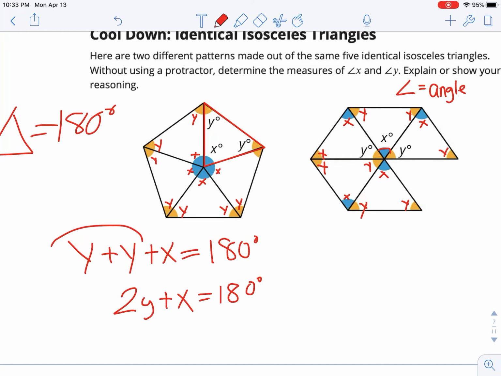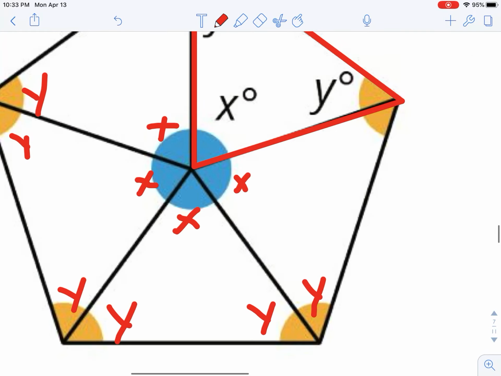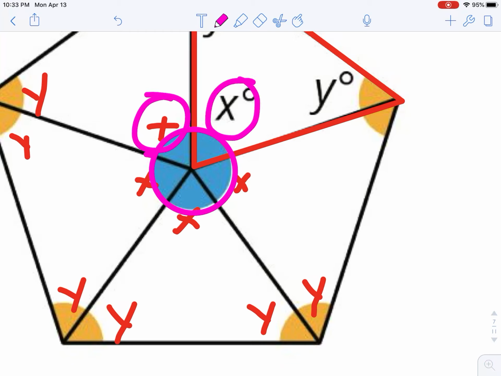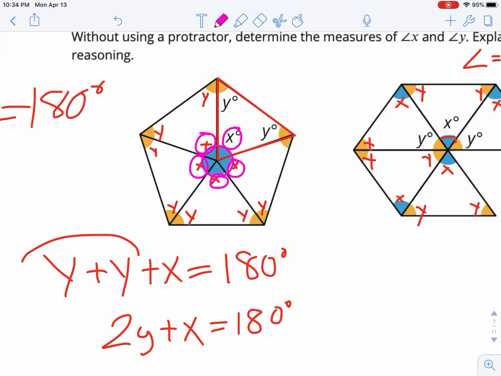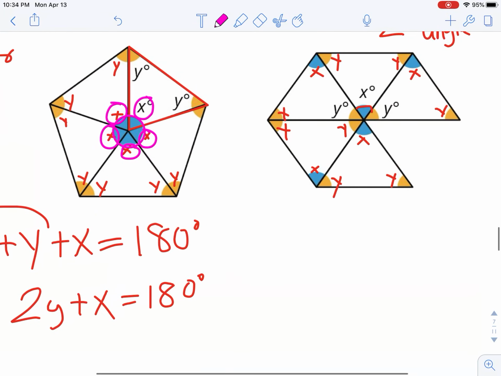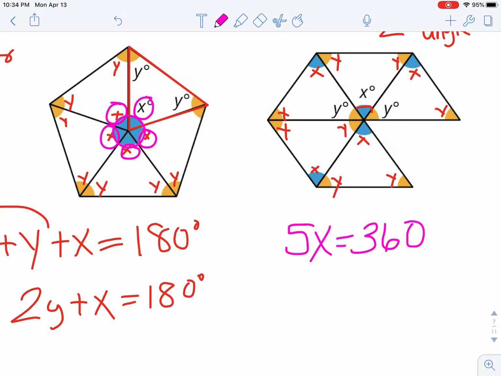Another thing that can help us is right here in the center. If you didn't know, a circle equals 360 degrees. So how many X's do we have here? We have 1, 2, 3, 4, 5. We have 5 X's, so we also know that 5 X's equals 360 degrees.